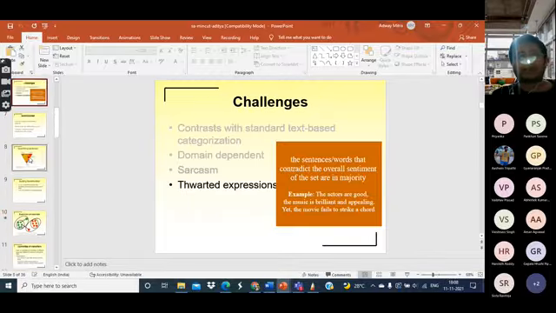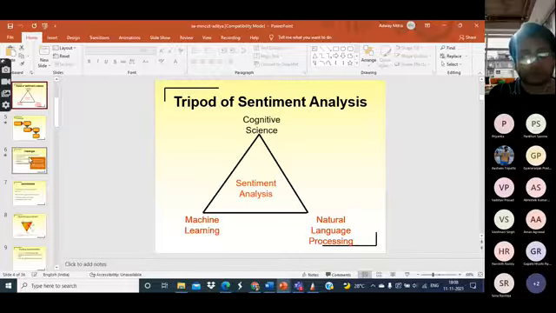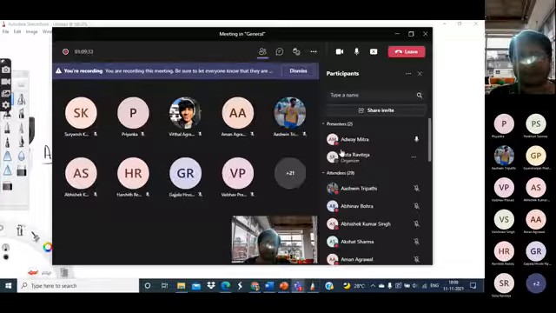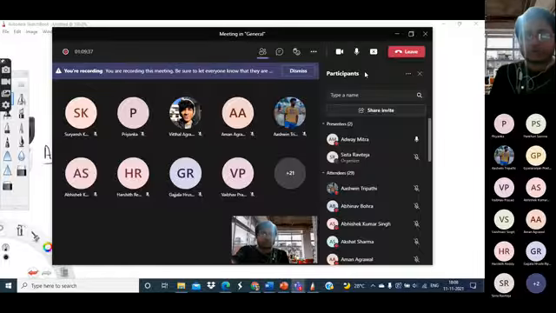A bit of it we will discuss in tomorrow's class. Okay. So basically this is the story of sentiment analysis. We'll briefly continue on this in tomorrow's class.